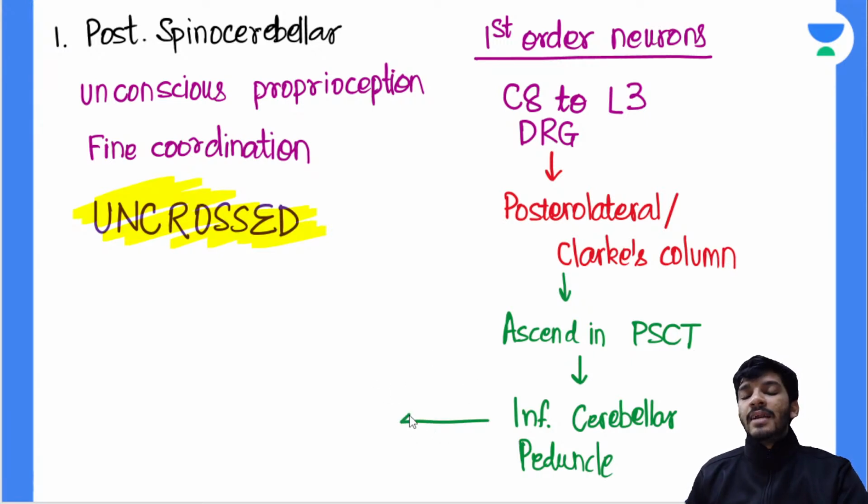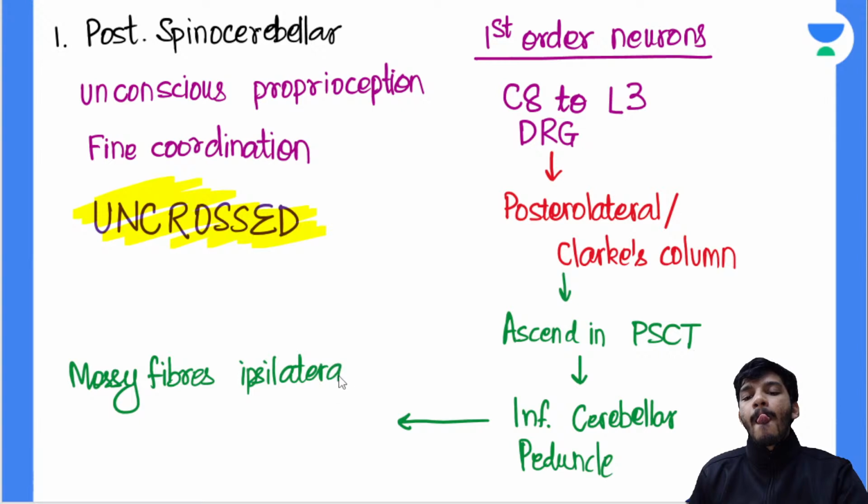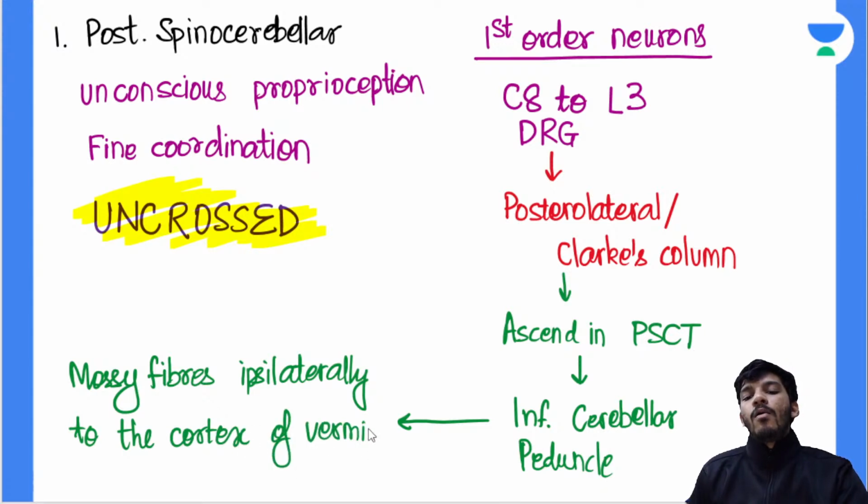Ipsilaterally it continues as mossy fibers to the rostral and caudal parts of the cerebellar vermis. There it will form the cerebellar circuitry. Understood? First thing.